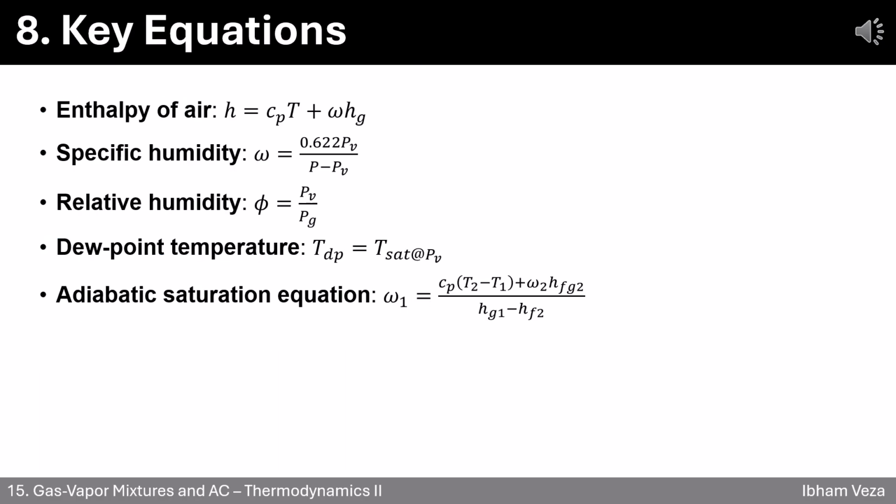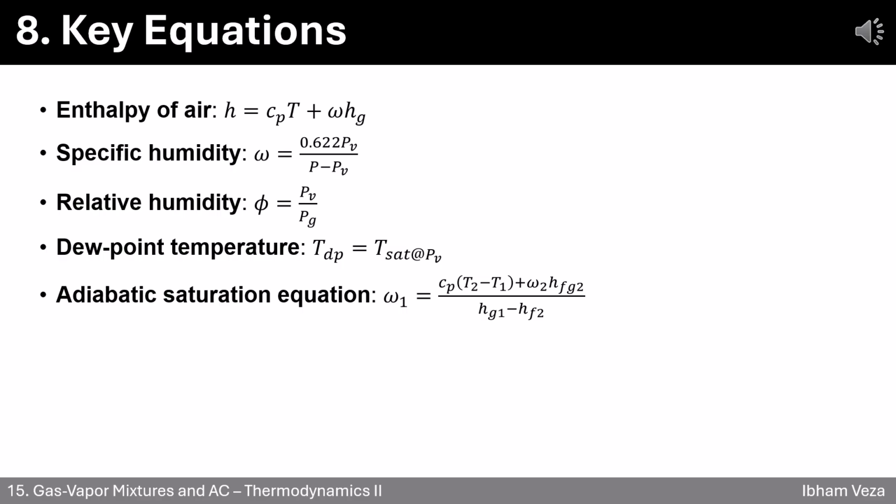8. Key equations. Let's talk about the key equations you'll use again and again when dealing with gas-vapor mixtures and air conditioning. First, we have the enthalpy of moist air, combining the sensible heat of dry air with the latent heat from water vapor. Next, specific humidity shows how much water vapor is in the air relative to dry air mass.